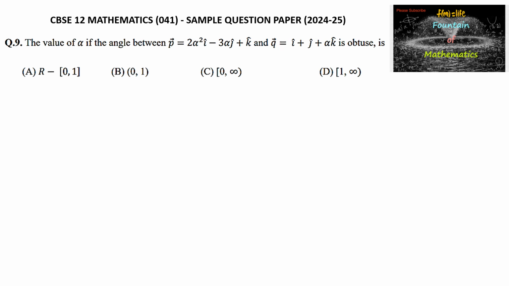We need to find the value of alpha if the angle between the two vectors P and Q is obtuse angle. We know that if theta is the angle, or let us consider theta be the angle between two vectors, vector P and vector Q, which is obtuse.